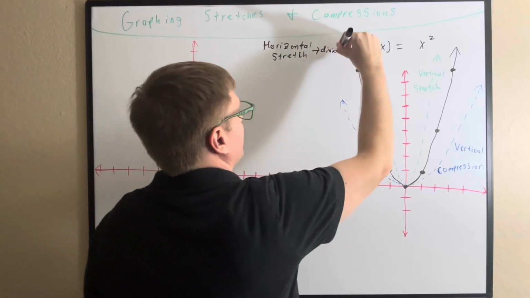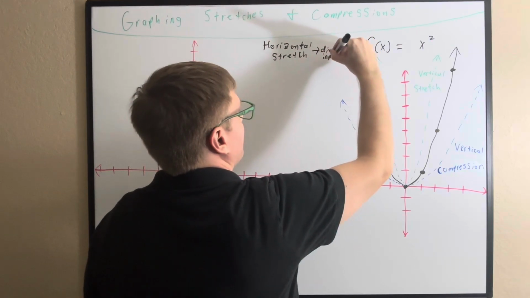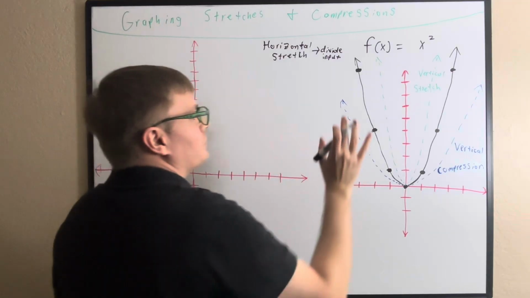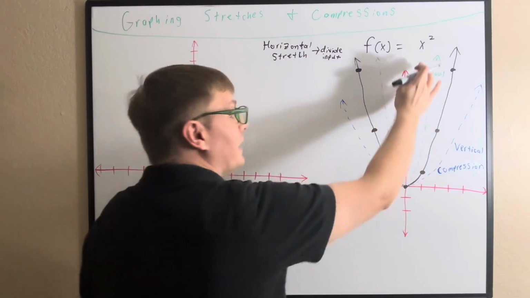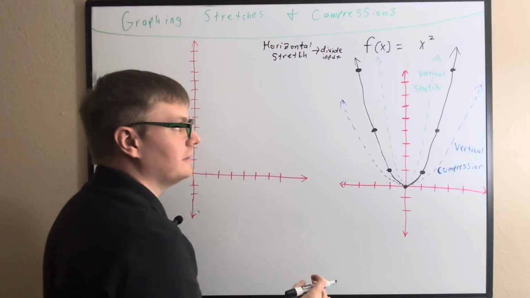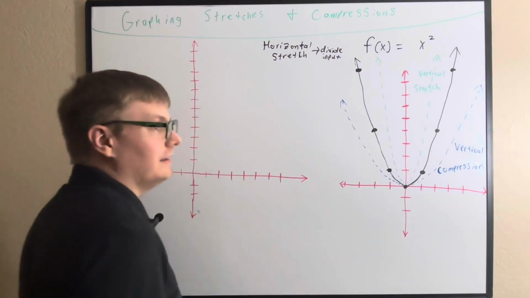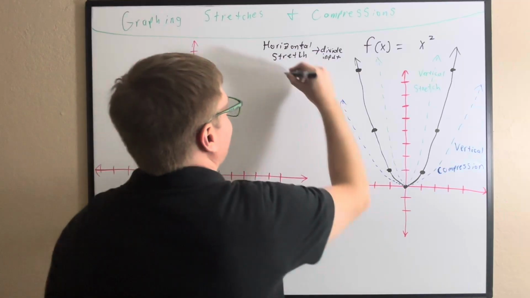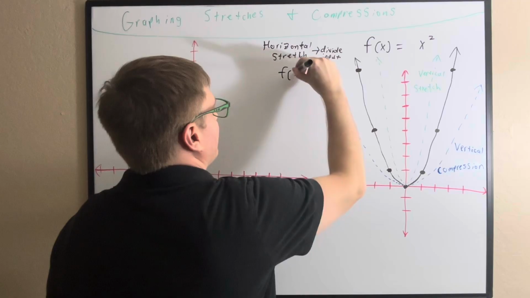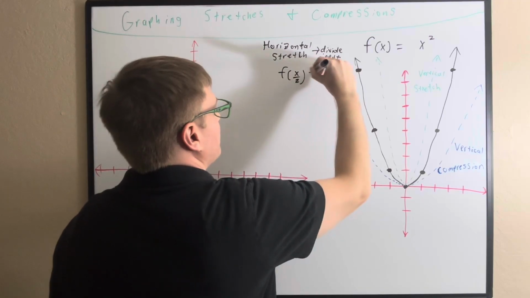Divide input. Okay, it's going to be confusing. For vertical stretch, we multiplied the output. For horizontal stretch, we're going to divide the input. It's kind of the exact opposite. So, f of x divided by 2.